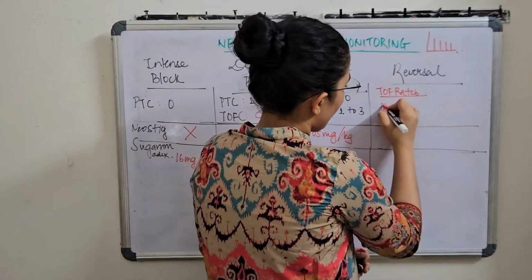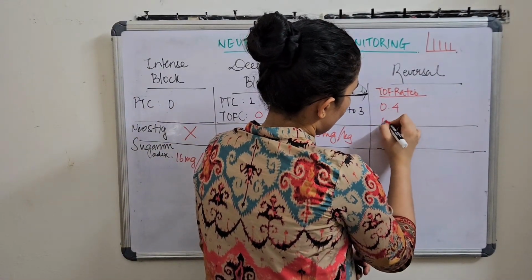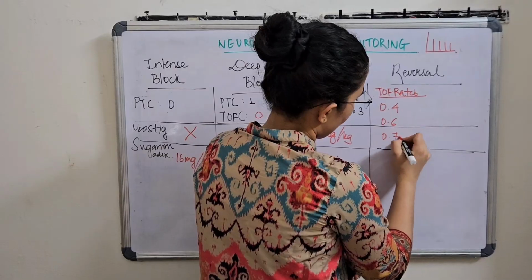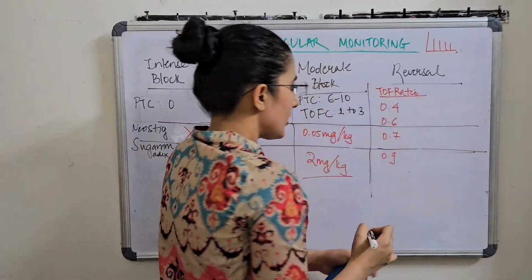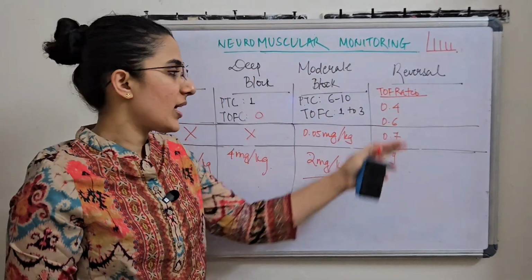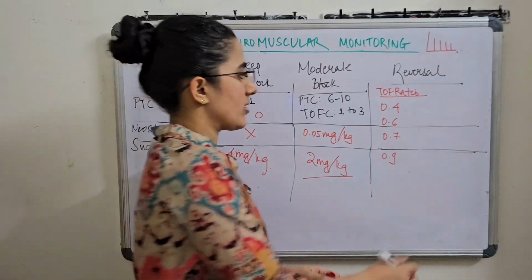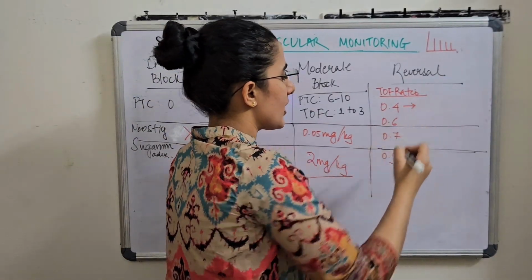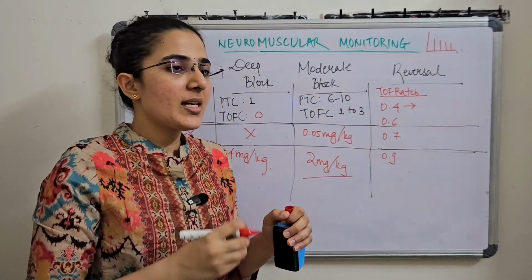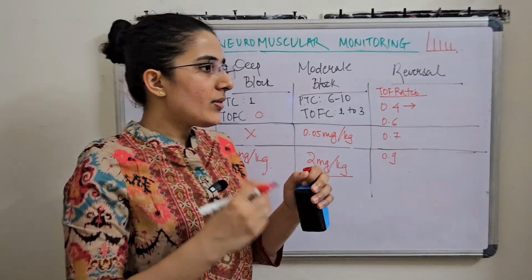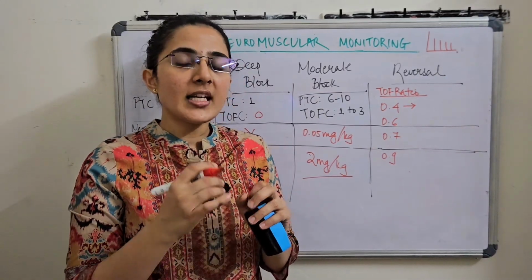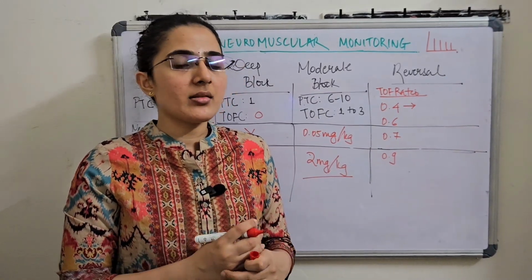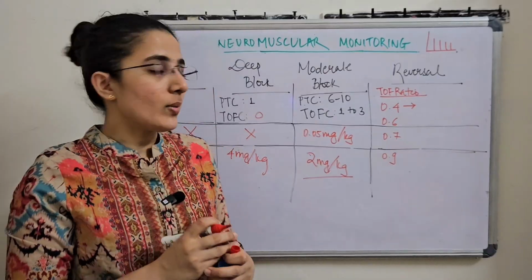TOF ratio of around 0.4, 0.6, 0.7, 0.9. These are some basic values which we have to know. At a TOF ratio of 0.4, the patient will be making some efforts, but their inspiratory pressures and vital capacity will still not be adequate.